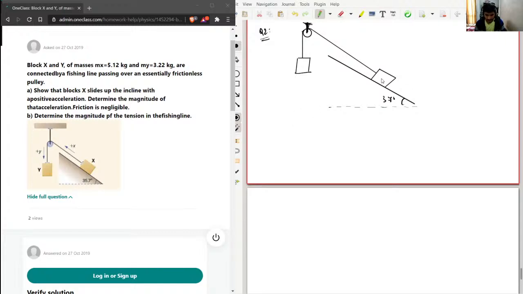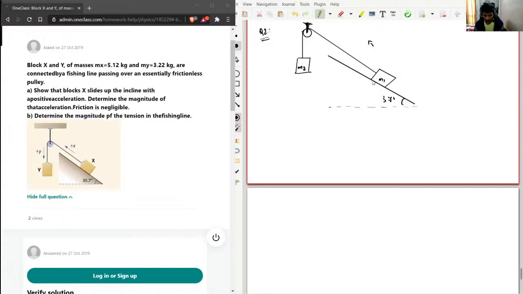So let's say that this is m1, mass here is m2, and it is clearly given that the acceleration is going to be in the positive x direction. I'll just write the acceleration is going to be on this side, and what else is given, that the surface is frictionless. Okay, we do not have to go for any friction.